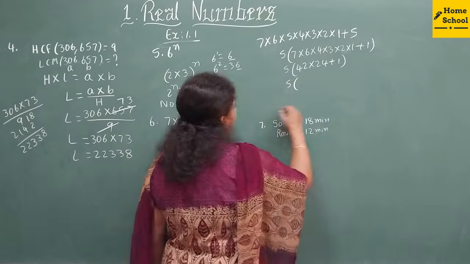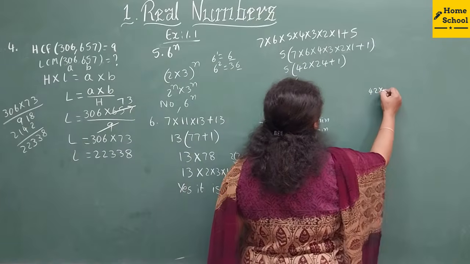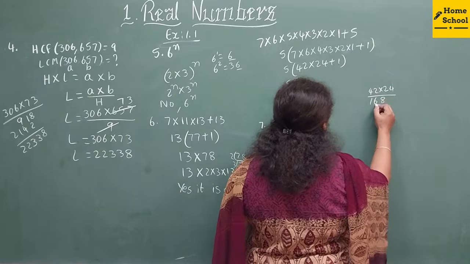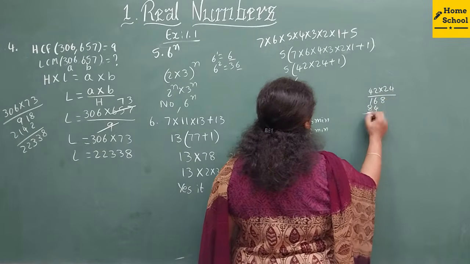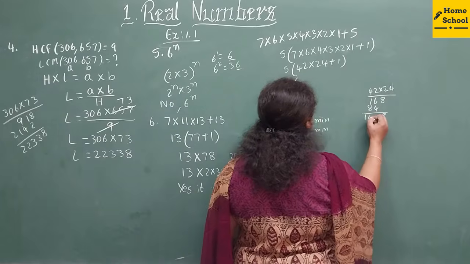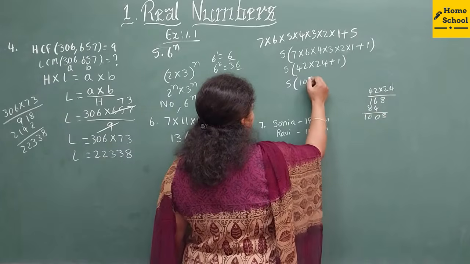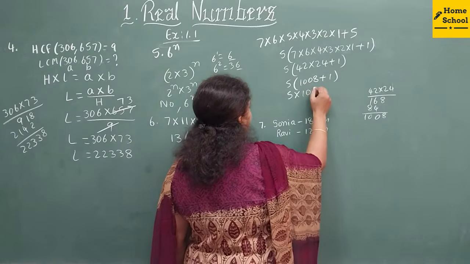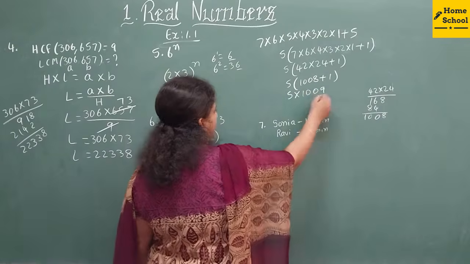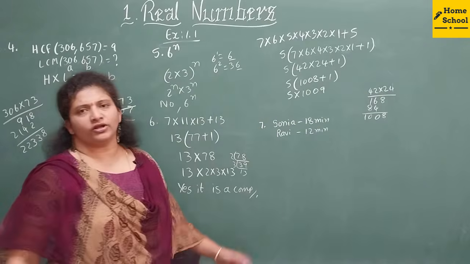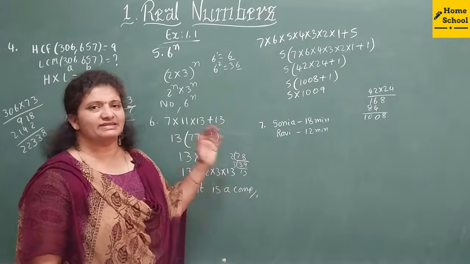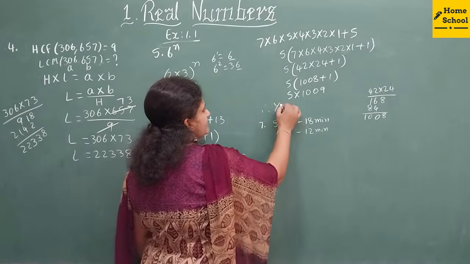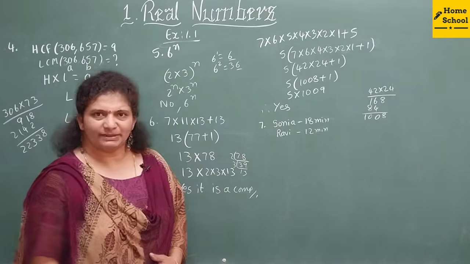If I multiply 42 into 24, what are we going to get? 4 twos are 8, 16, 2 twos are 4, 8, and this is 1008. 1008 plus 1, 5 into 1009. Therefore, again it is a product of two numbers, so it is a composite number. Therefore, yes, it is also a composite number.